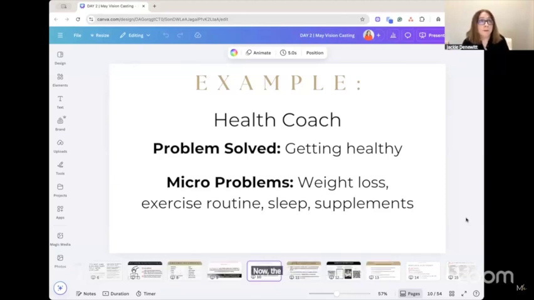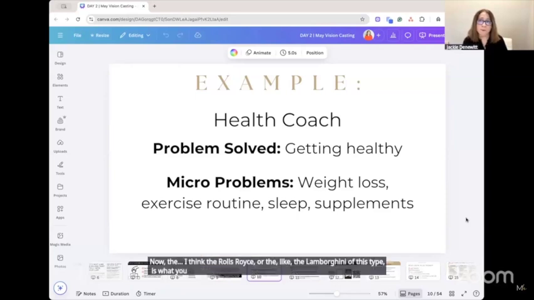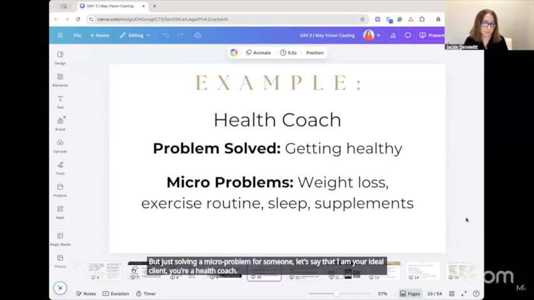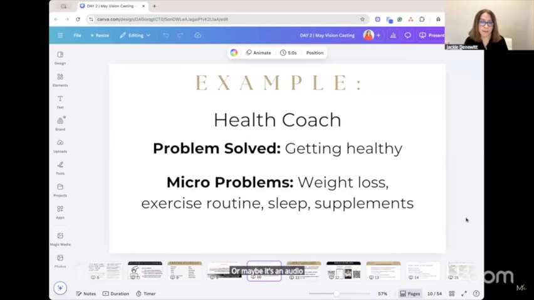Now, I think the Rolls Royce or the Lamborghini of this type is what you mentioned, Melissa, is when you can create something where people go through it and they're like, this is great, but I would just rather somebody do this for me. That's the ideal situation. But just solving a micro problem for someone, let's say that I am your ideal client, you're a health coach, and you make some sort of guide about sleeping, or maybe it's an audio series or something.